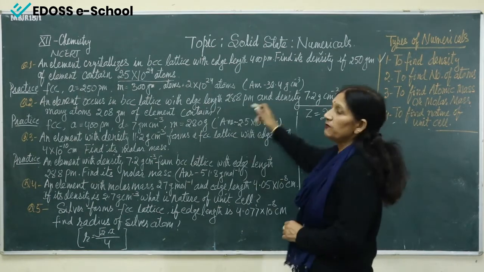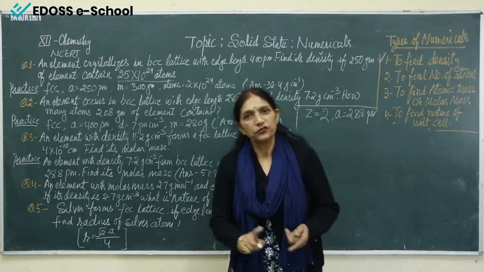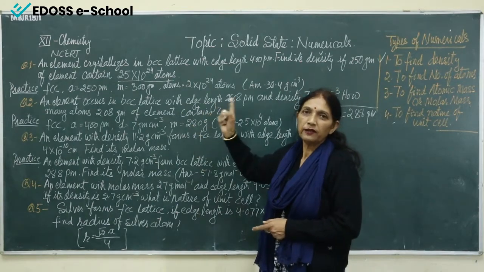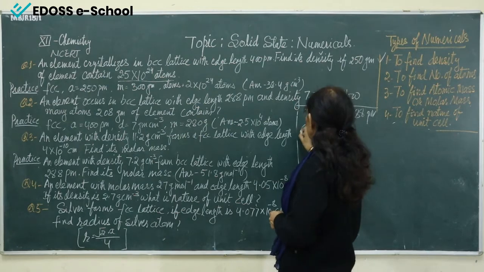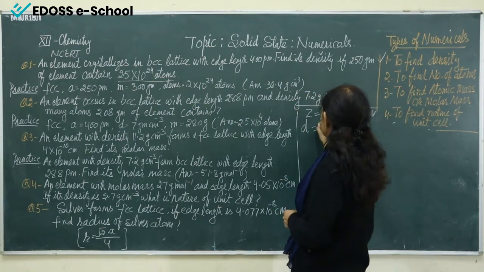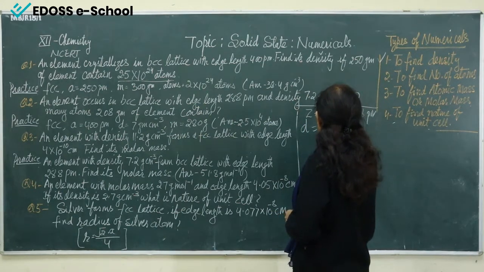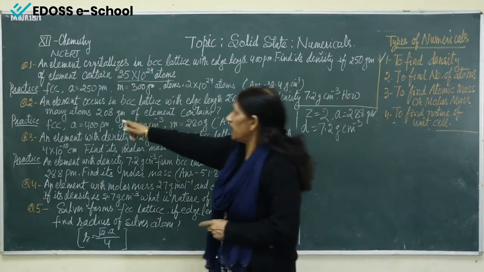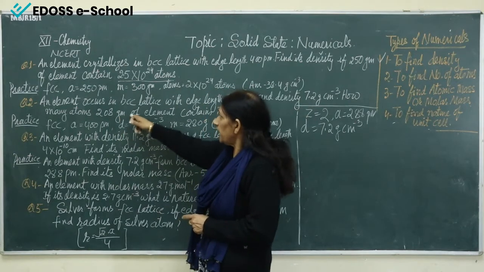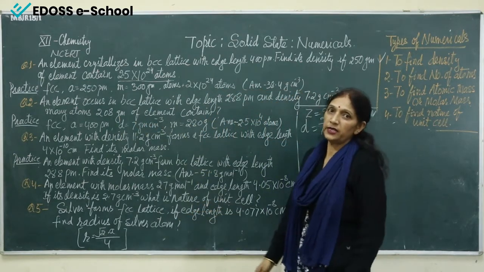So same way, picometer we will convert into centimeter, multiplying by 10 raised to power minus 10. And density is given, that means D is given to us. D is 7.2 gram per centimeter cube.